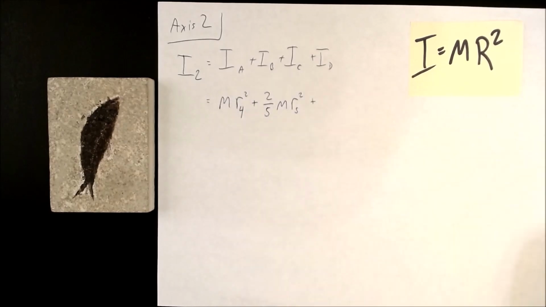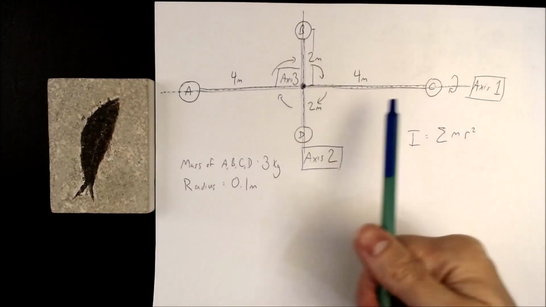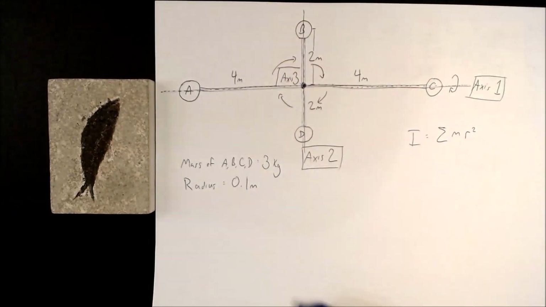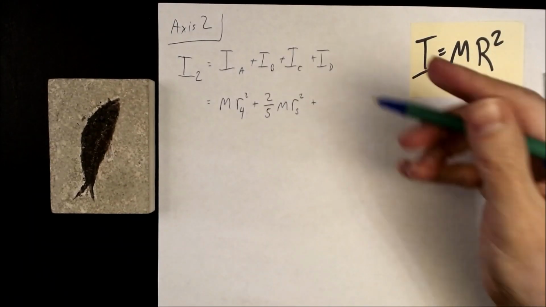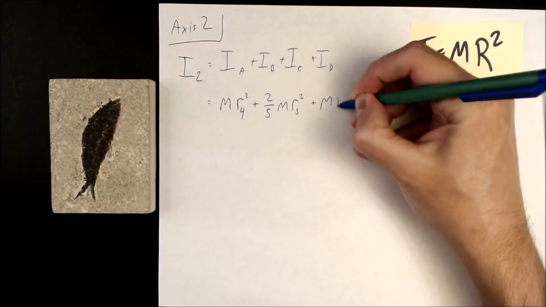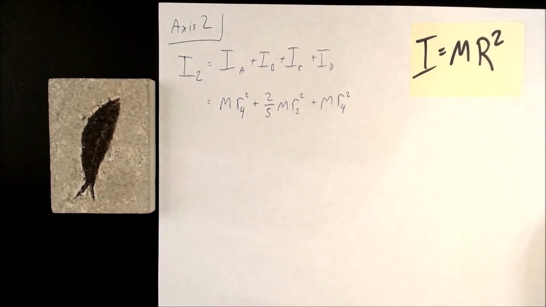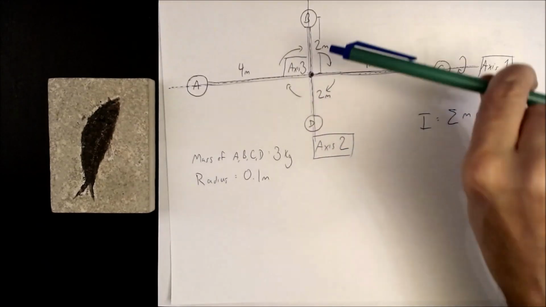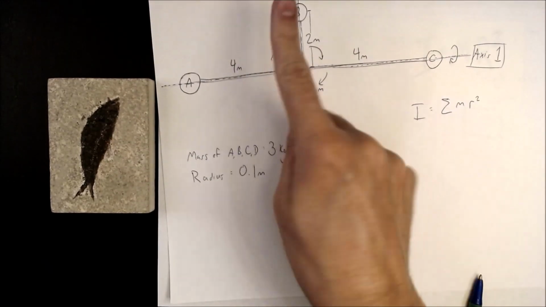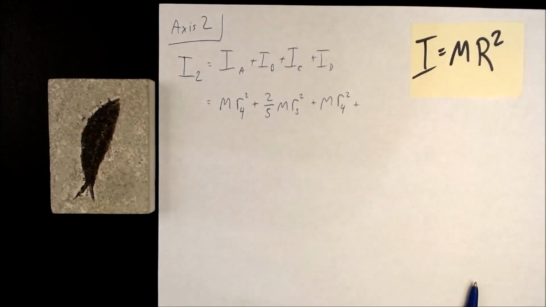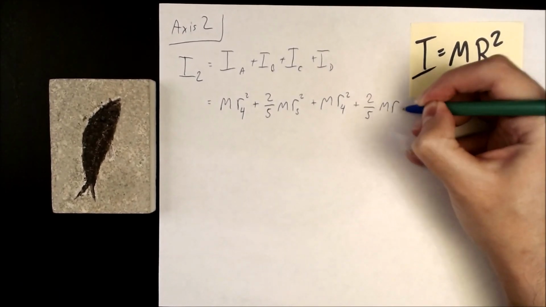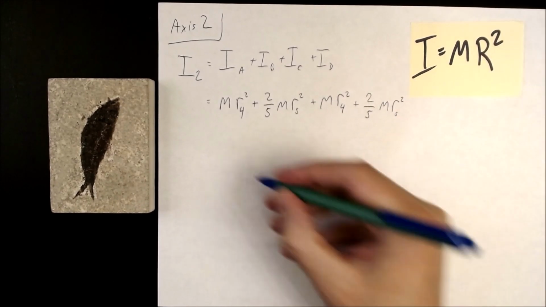Plus, well, C is going to be the same as A. C and A will have the same thing, rotating around this axis. It's going to be m r_4 squared, plus object D is going to just be the same as object B, rotating around this axis. So 2/5 m r_sphere squared.